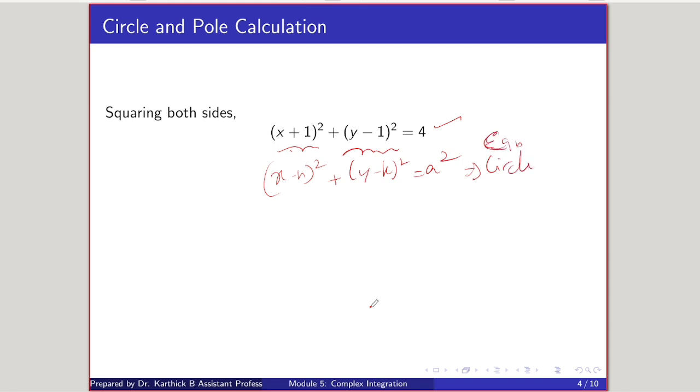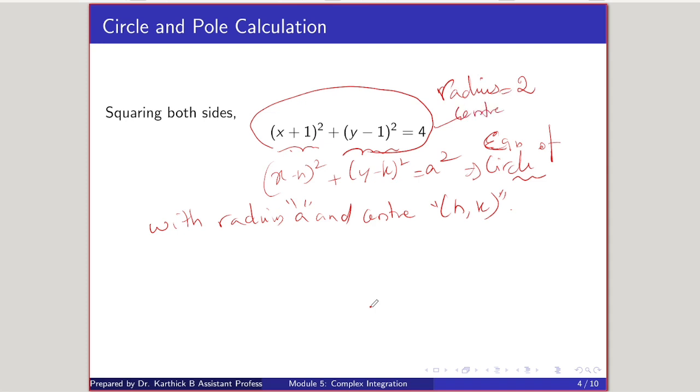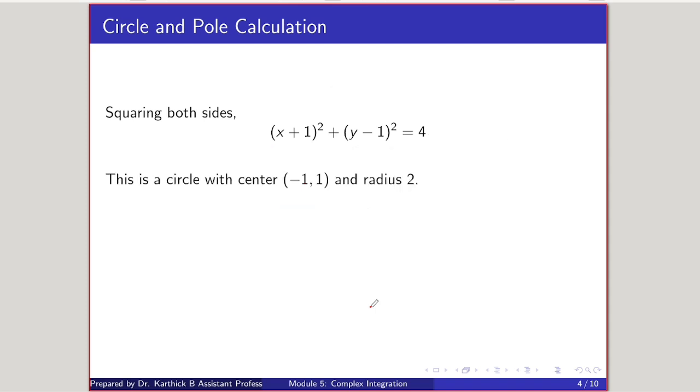So this gives the equation of a circle with radius a and center (h, k). From this equation, the radius will be 2 because a square is 2 square, which is 4, and the center will be (minus 1, 1).